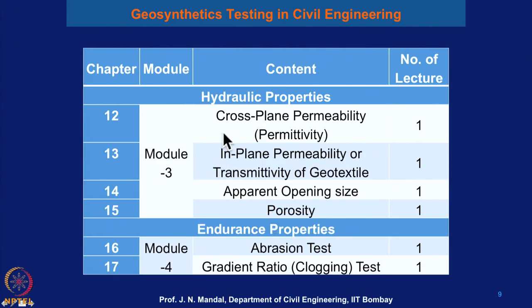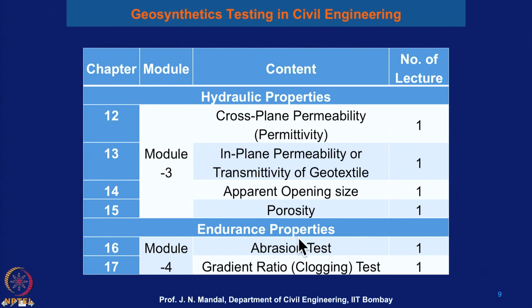Next, chapter 12 is hydraulic property, that is cross-plane permeability, which is called the permittivity, and chapter 13, module 3, in-plane permeability or transmissivity of geotextile. Chapter 14, apparent opening size, and chapter 15 is the porosity.